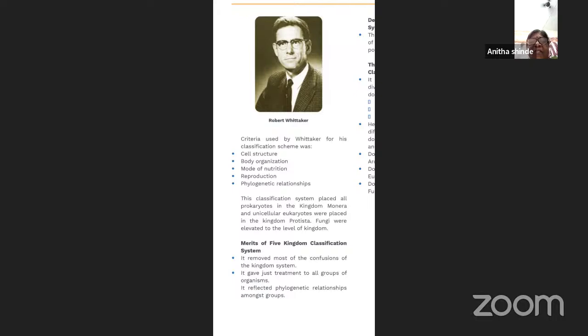So he gave a very clear-cut classification based on these characteristic features: cell structure, body organization, nutrition, reproduction, as well as the phylogenetic relationships. So almost all the prokaryotes were included in Monera, unicellular eukaryotes, only unicellular I'm talking about, in the Protista, fungi totally exclusively in a separate group, the kingdom Fungi, all the plants in Plantae, and all the animals under Animalia.